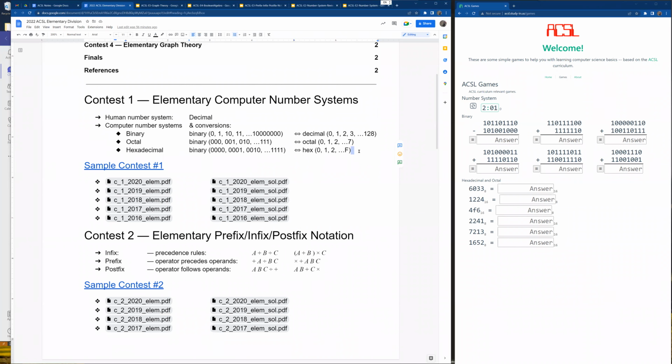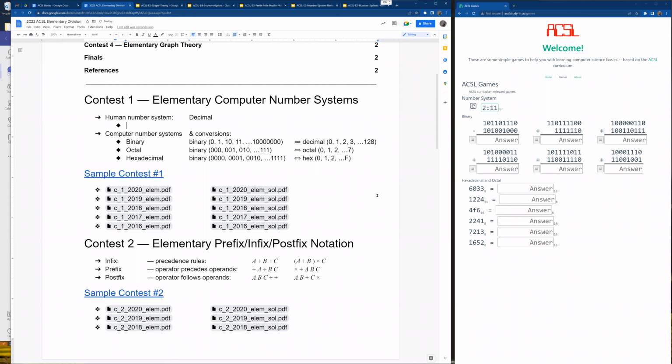So there is conversion between, let's say, decimal and binary. If you want to convert that, it's easier to do the additions. So let's say you have a number that's 345, decimal.